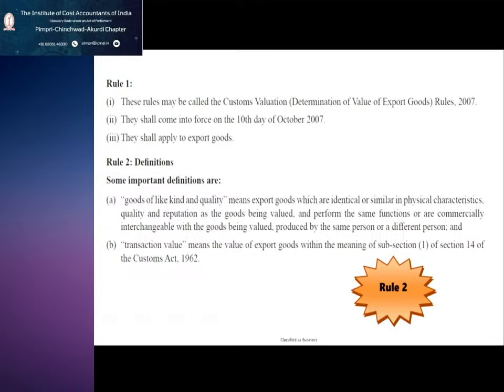Goods of like kind and quality means, suppose I am exporting goods, and they are received at Mumbai harbor, and they want to put some duty. On what? There is no assessable value mentioned. In that case, on what basis do they consider the duty amount? The goods which are identical or similar.